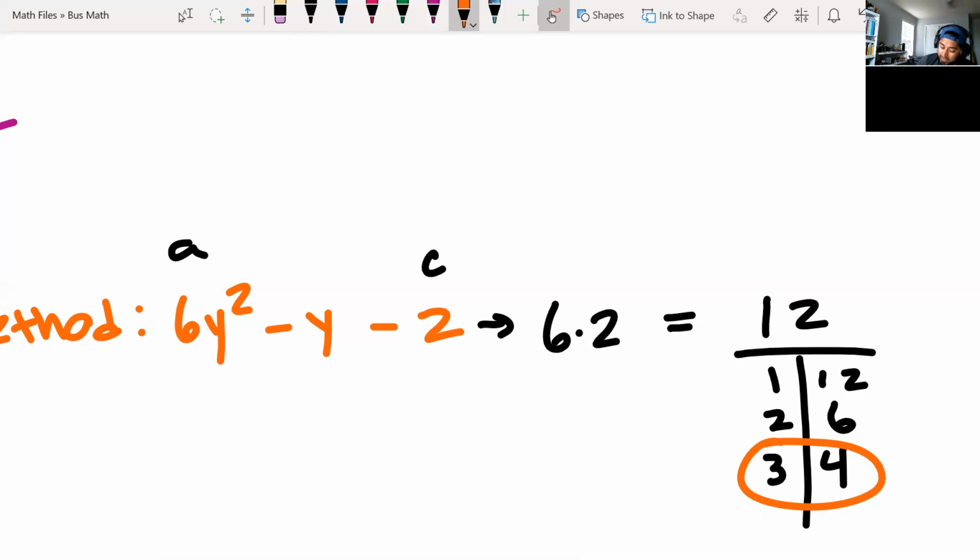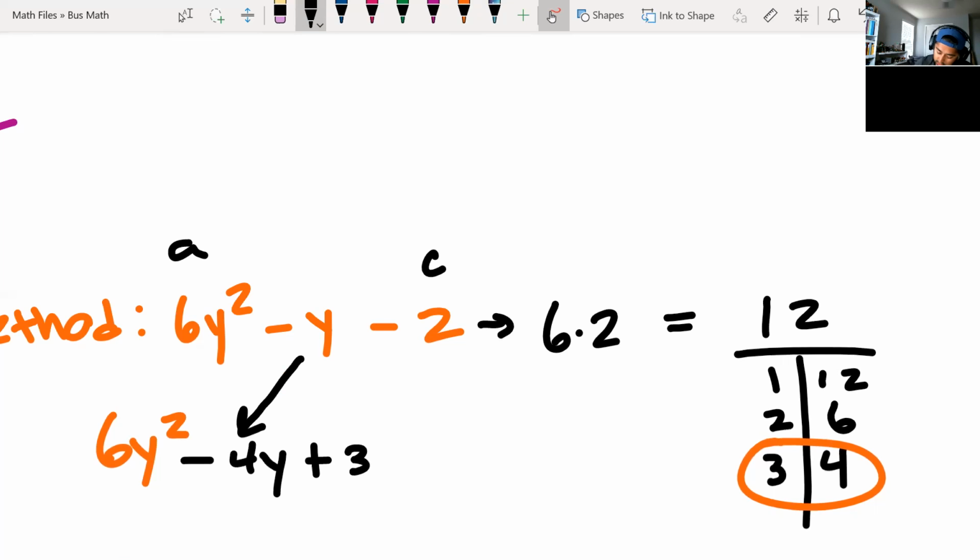All right. So now by AC method, I'm going to split it up. We are going to say 6y squared, and I'm going to rewrite this one as -4y plus 3y. Because does -4y plus 3y equal -1? Yes, sir. So there we go.